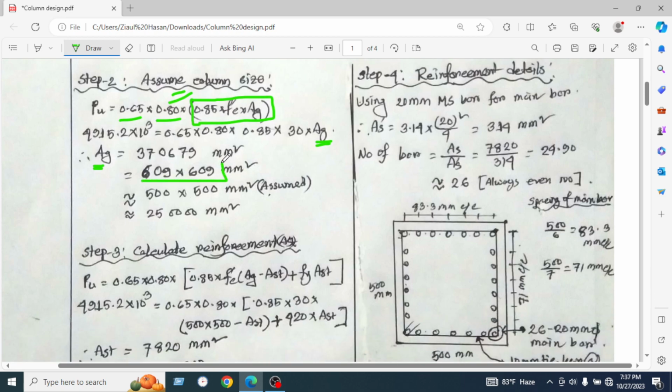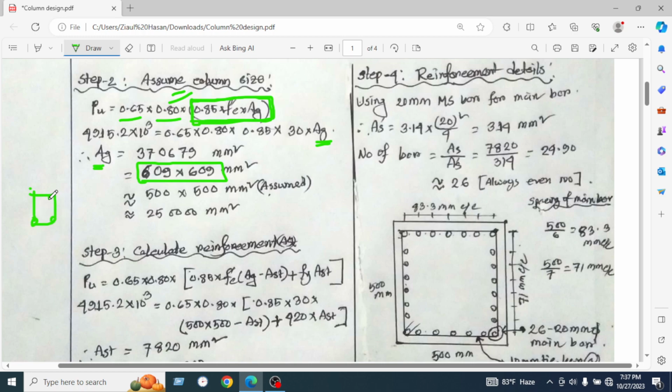We have found this, but we will not provide this section because we have just assumed all the force is taken only by concrete, but we know that the column force will also be taken by steel.